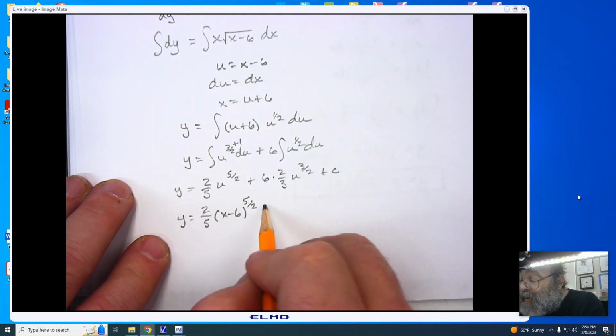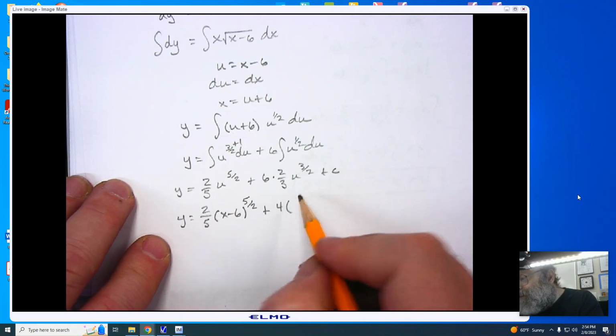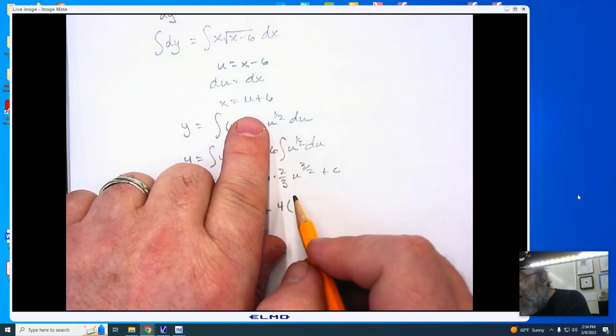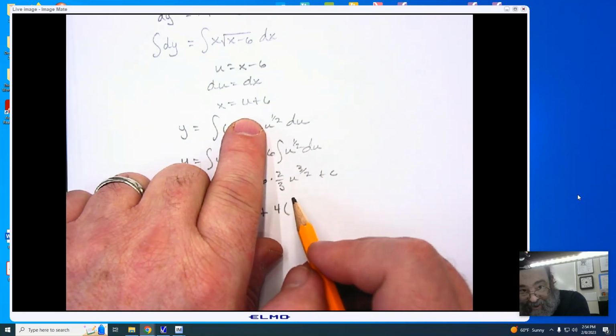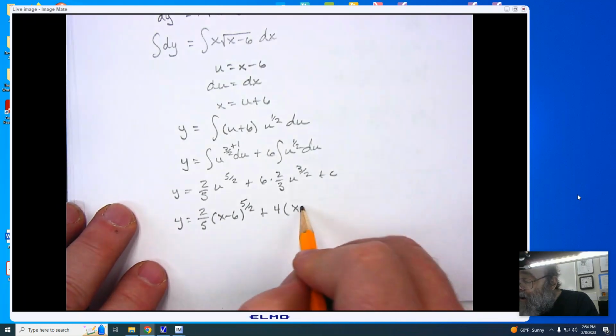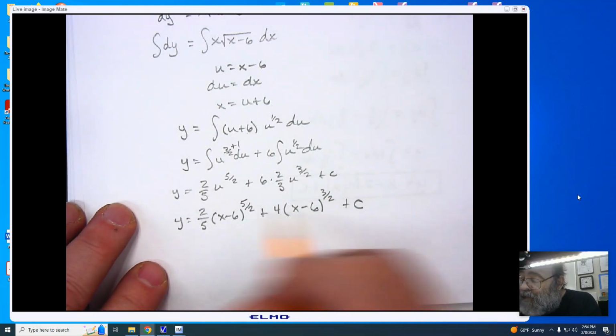Now please make sure you put the correct piece in. I can't tell you how many times not only others, but I have put in the wrong value. Sometimes I'll put in this u plus 6, which is x. That's just a stupid blunder, and I would rather have you be careful of it and watch what you're doing.